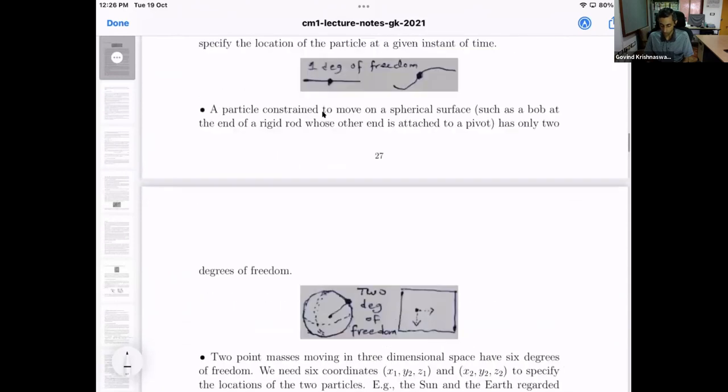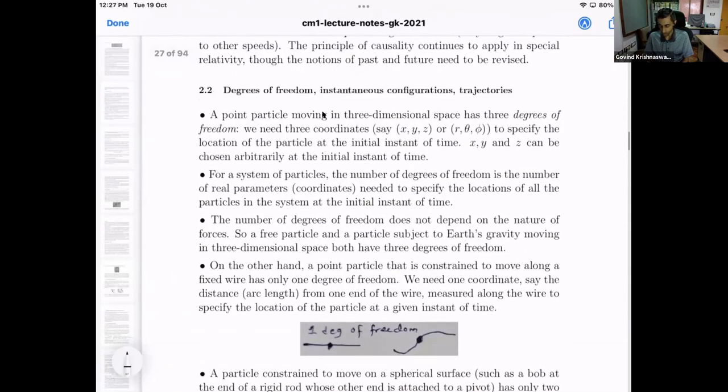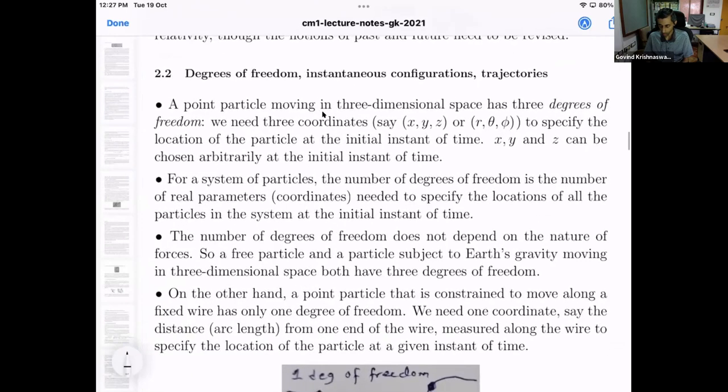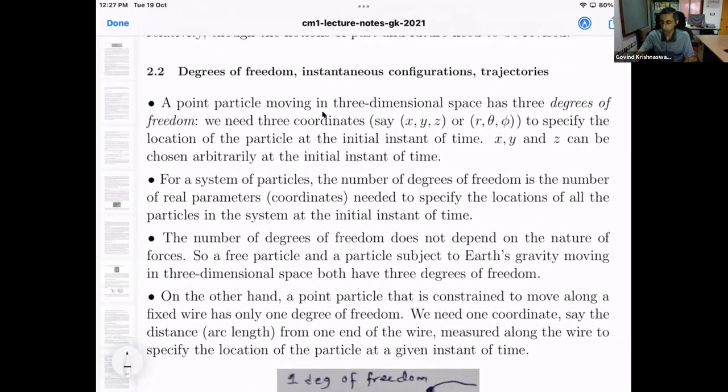I just want to recall the definition. In the notes, I have tried to improve the presentation and make it a little more precise, so that some of the questions you had last time are addressed. So let me go over one of these statements.